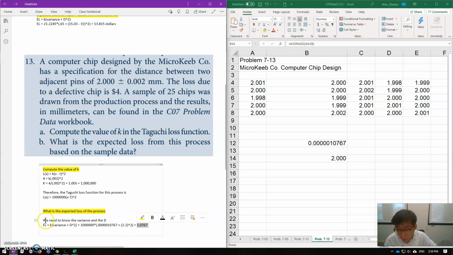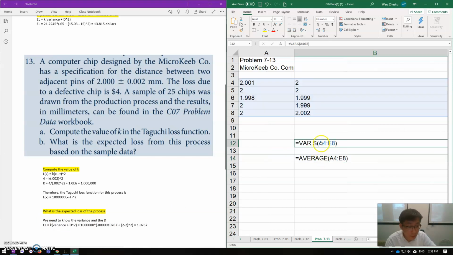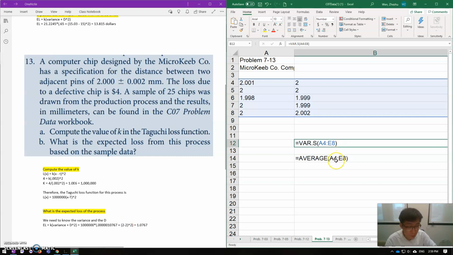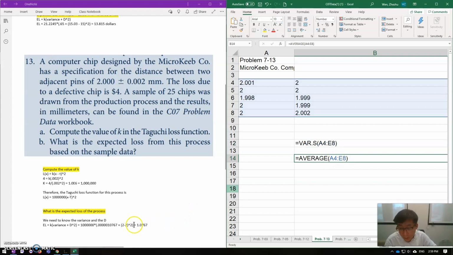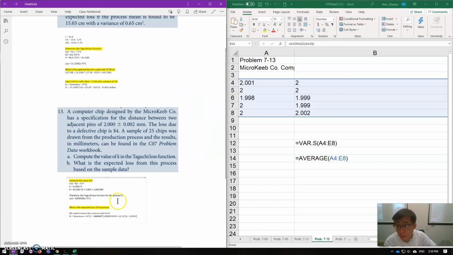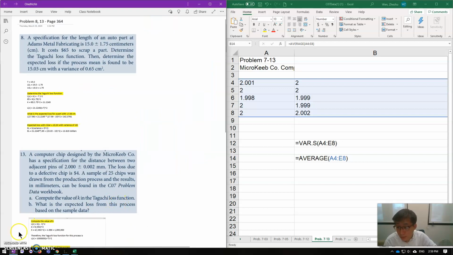Look at this formula carefully. The variance we obtained using the variance formula here, and the average we obtained using the average formula. And then this 2 is the T, the target value. Here this is the mean difference. We squared it, and this is the result. So this concludes exercises 8 and 13. If you have a question, please let me know.